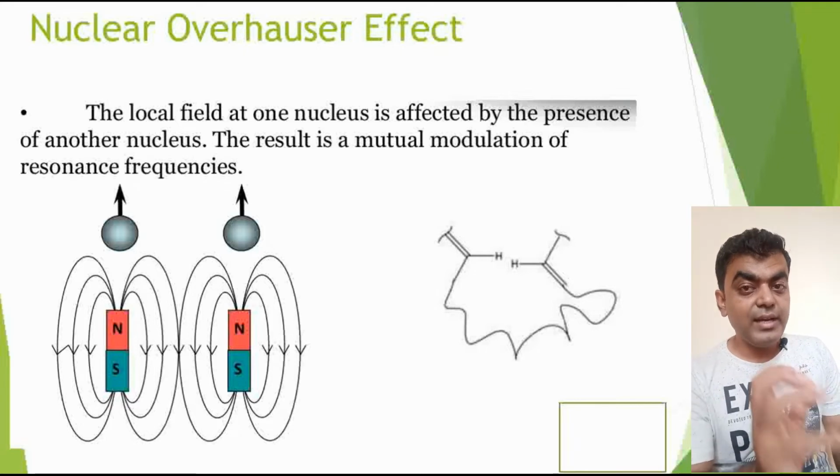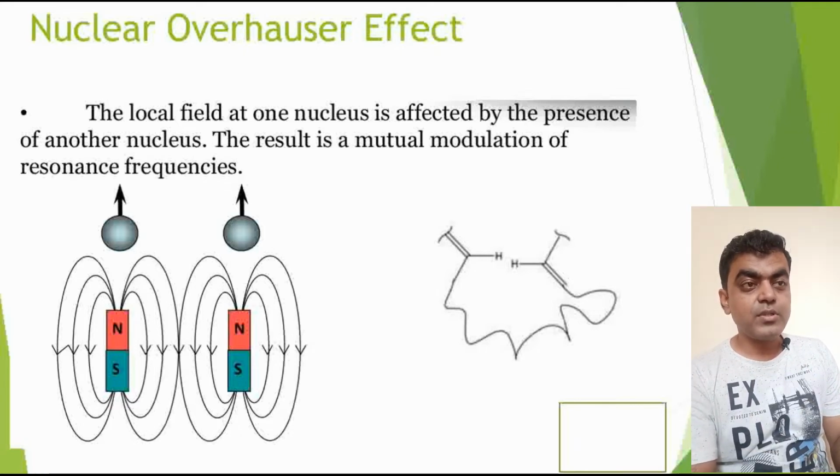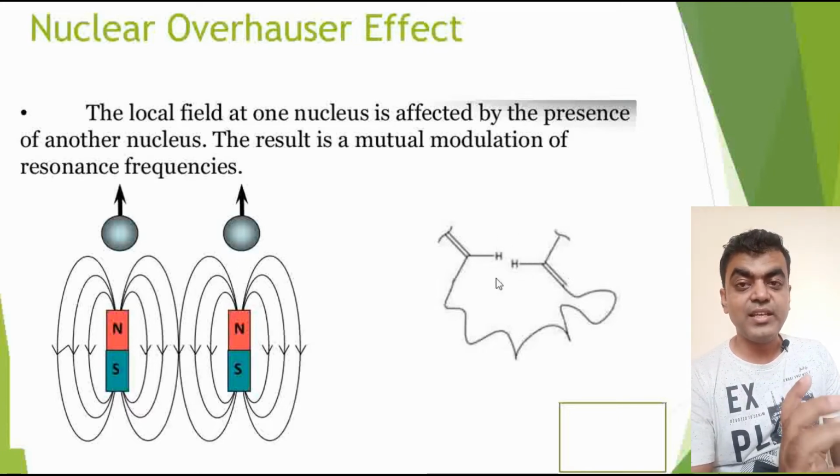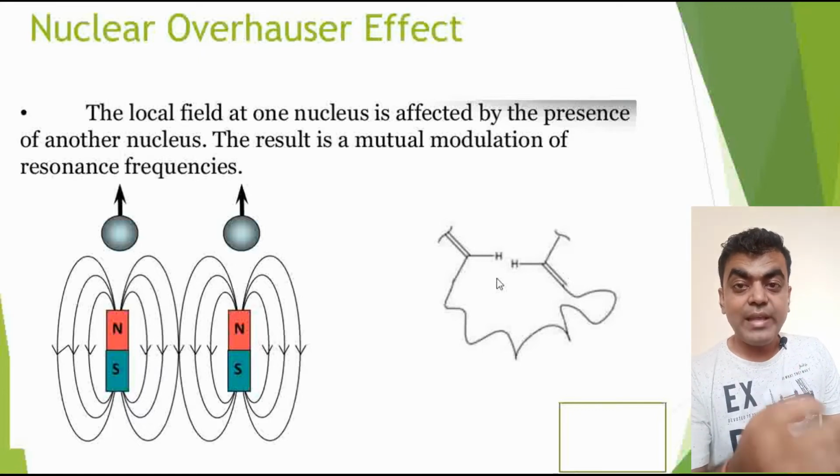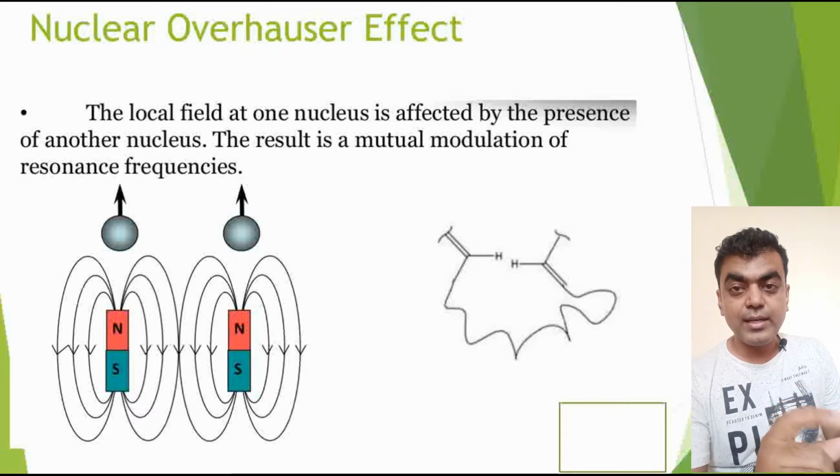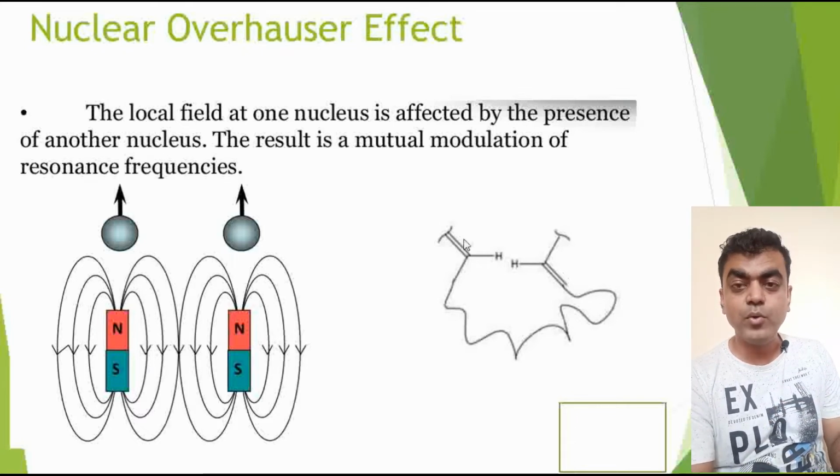But the interesting fact is, they are sharing a very close vicinity in spatial orientation. So when they are closely positioned spatially, they will influence each other. Although they are not connected by a bond length, they will have an influence on each other. That is bound to happen.